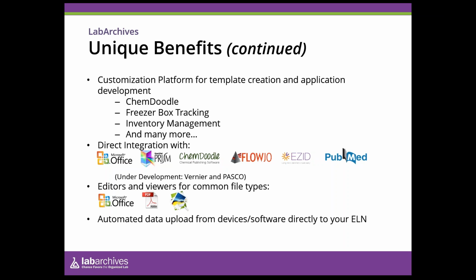We also have similar integrations with GraphPad Prism, graphing technology, ChemDoodle, and FlowJo, which is a flow cytometry software. We also integrate DOIs through the EasyID platform, and we enable the searching and introduction of reference data and references using the PubMed platform. We are also currently working on developments with Vernier and Pasco.